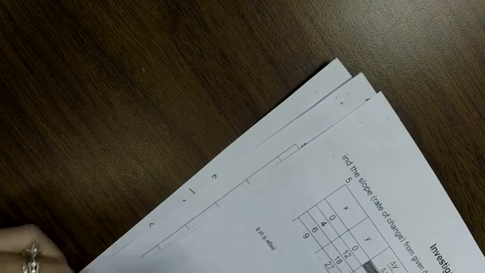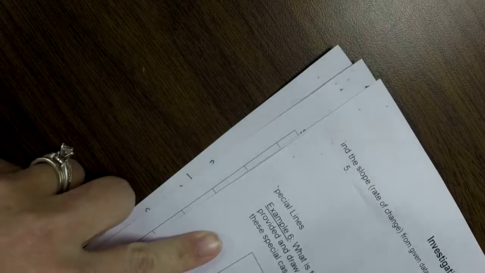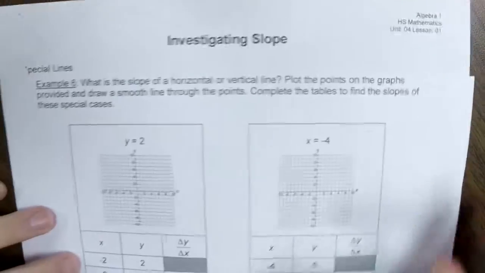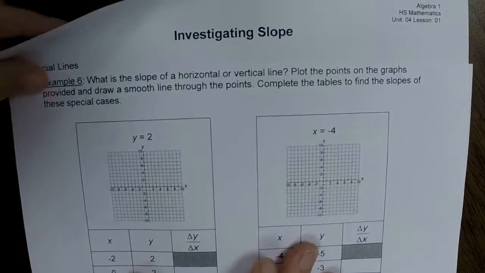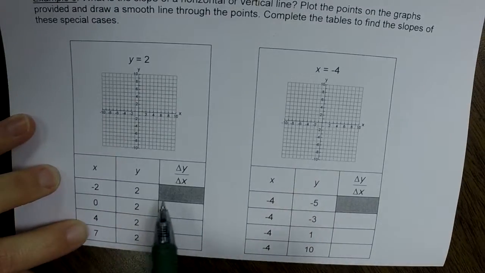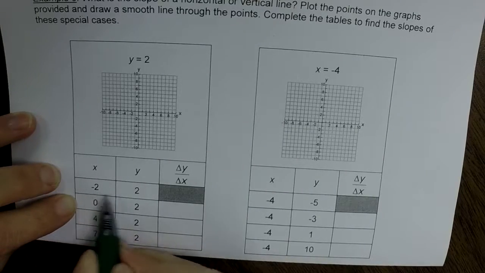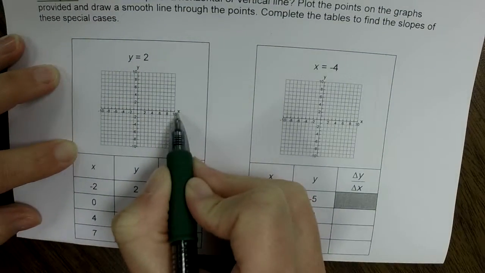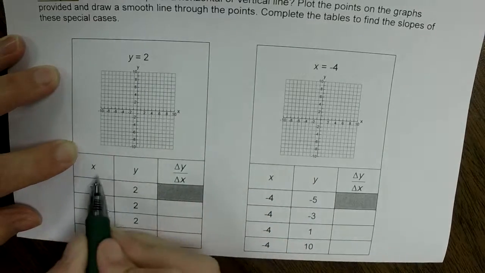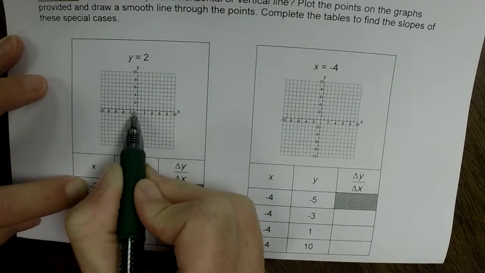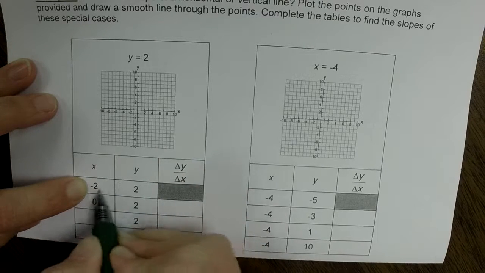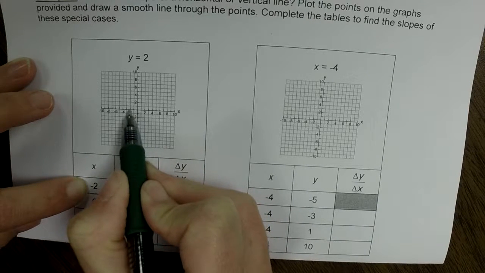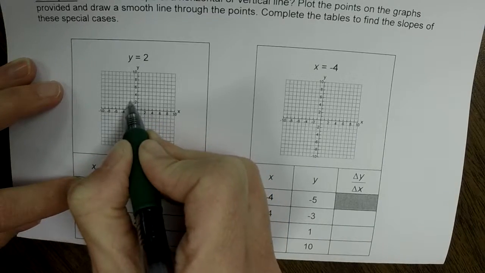So the first thing that we need to do is graph. I'll help you with one of them just in case some of you have forgotten how to graph. So the first point that they want me to graph is -2, 2. Remember, this is the x and this is the y. So I need to go to -2 on x, so that's here, and then 2 on y.